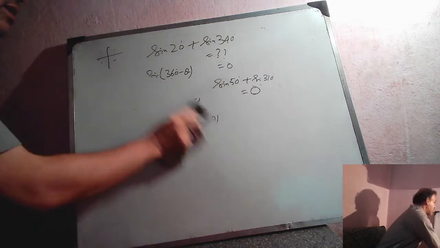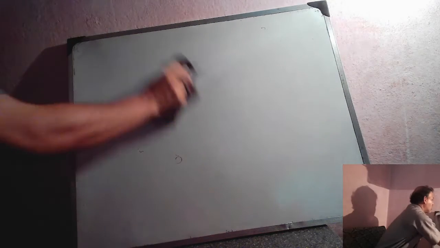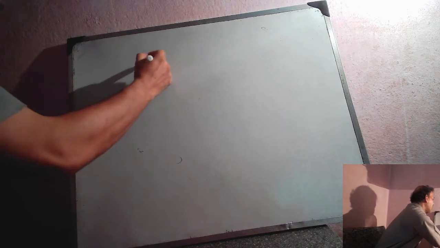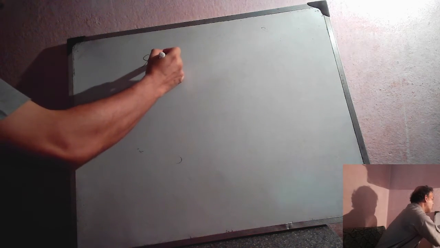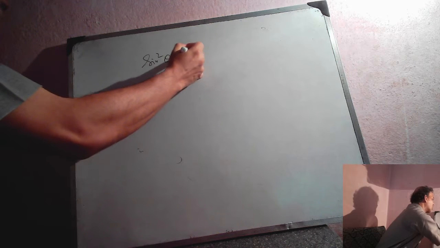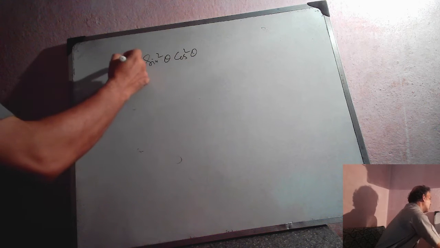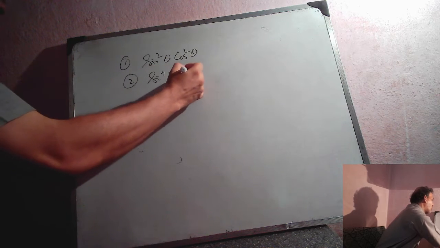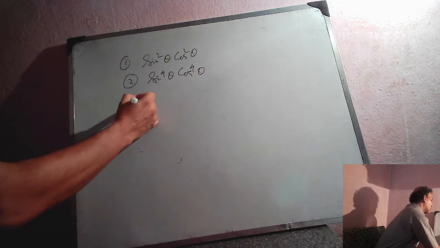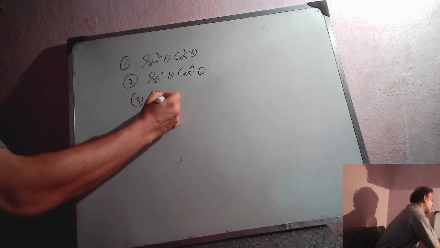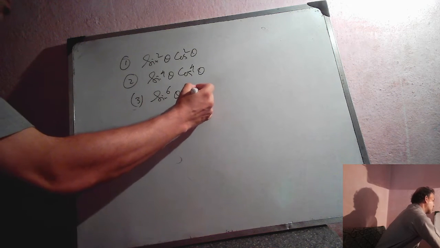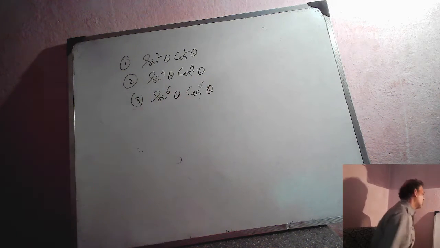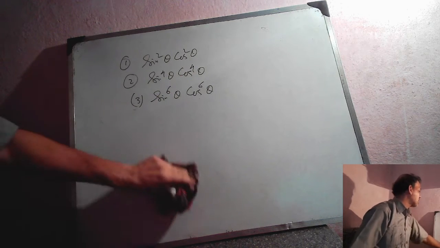Let us try another one. What will be the minimum and maximum value of number 1, sin square theta cos square theta? Number 2, sin to the power 4 theta cos to the power 4 theta. Number 3, sin to the power 6 theta cos to the power 6 theta.